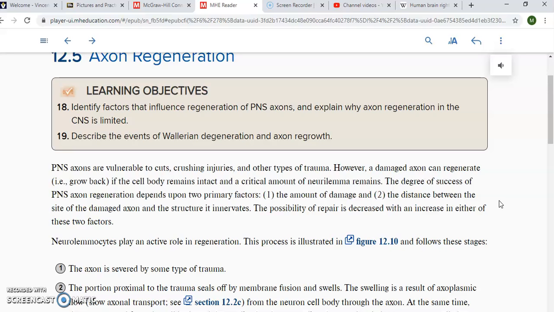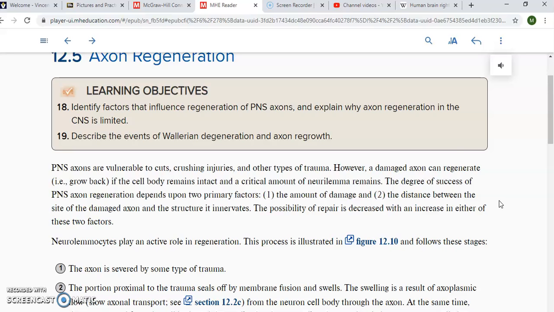And so if we damage a peripheral nervous system nerve and the axons that are in that, we can have some regeneration, which means that we can get some grow back of that axon. But there are two factors that will determine if that's successful, if we get enough regeneration to actually regain function within that axon. So the first factor is the amount of damage.